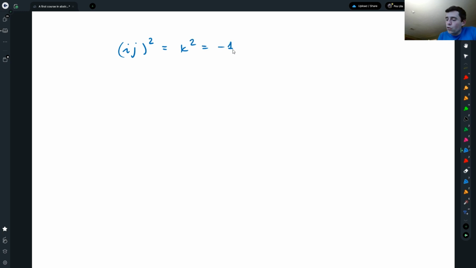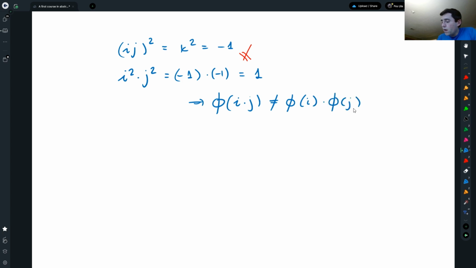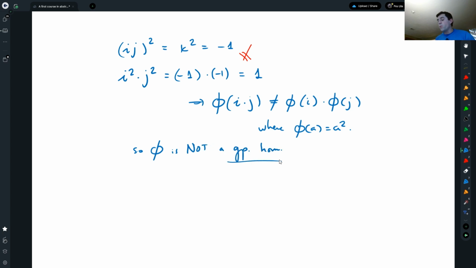But I squared times j squared is minus 1 times minus 1, which is 1. So these are not equal, and therefore phi of I times j is not phi of I times phi of j, where phi of A is A squared. So phi is not a group hom. You have to be a little bit careful with what is a group hom and what isn't.